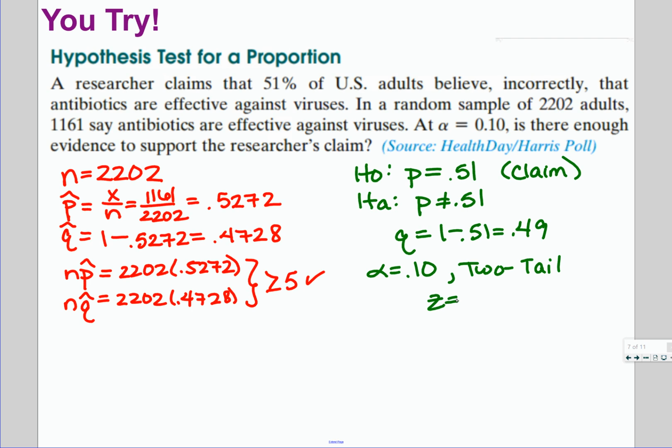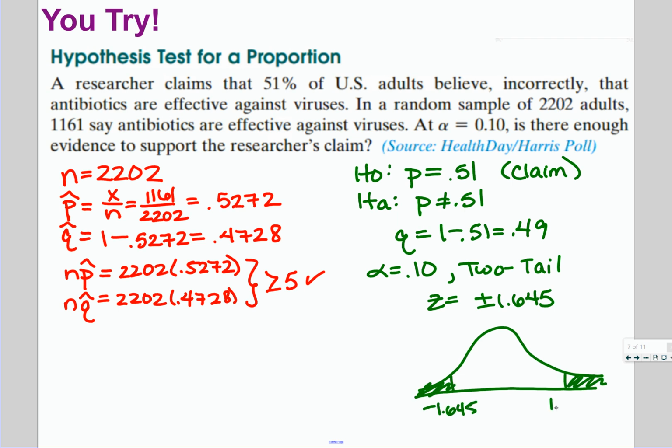Looking for a critical value of Z, level of significance 0.1, two-tail test. You should see plus and minus 1.645. And then you can draw that. Two-tail. Negative 1.645, positive 1.645. Questions so far? Doing okay?